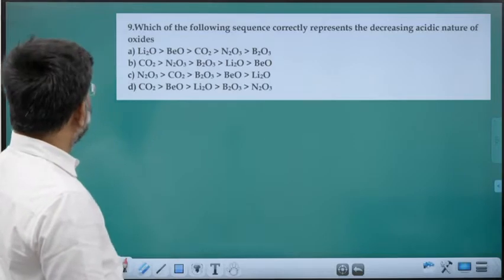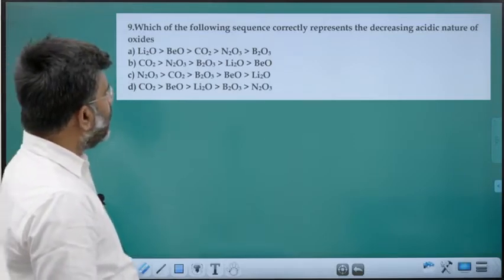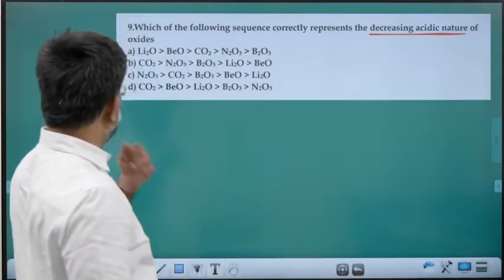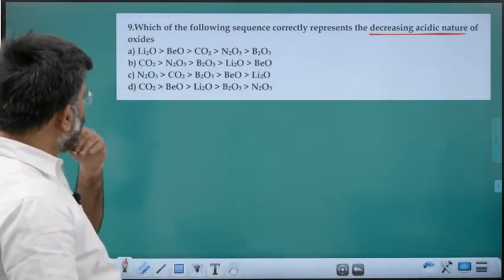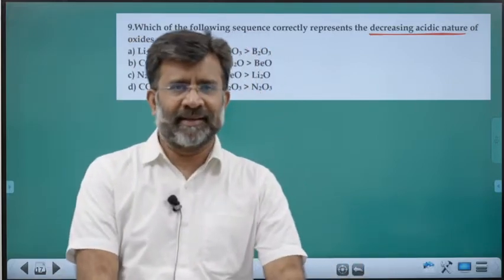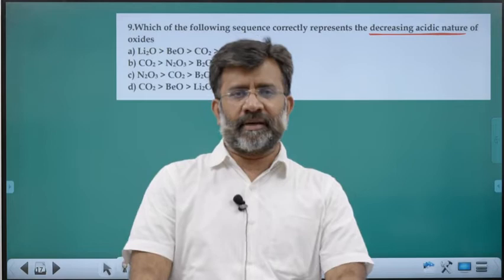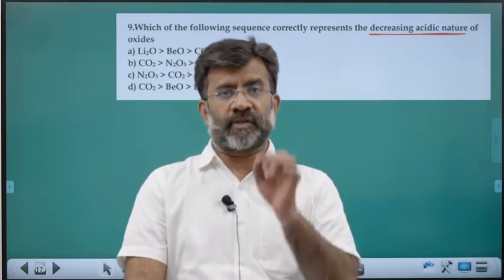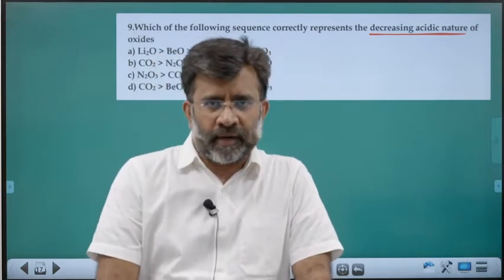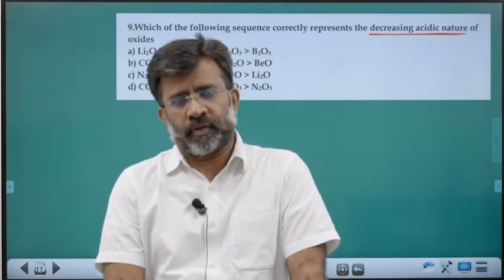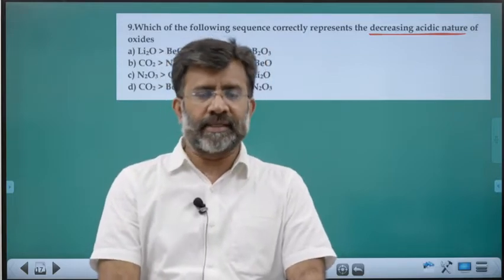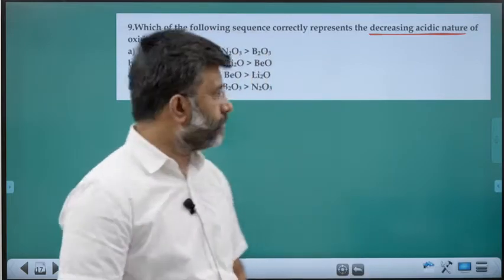Ninth question. Decreasing acidic nature. Acidic nature, all of you know, depends on the electronegative nature of the element, right? Higher the electronegativity of the element, greater the acidic nature of its oxide.